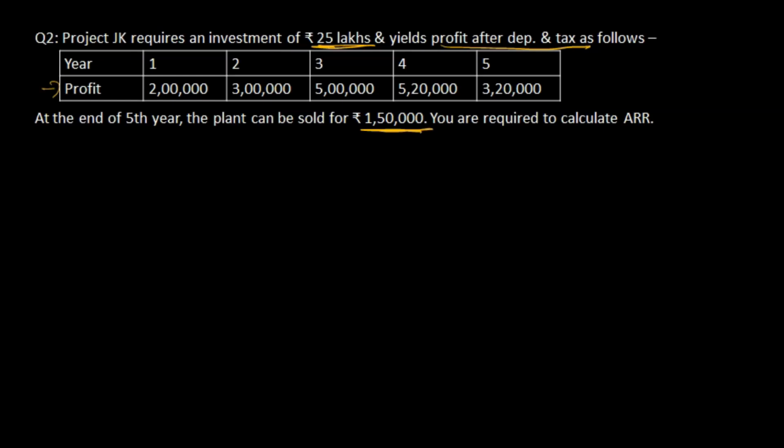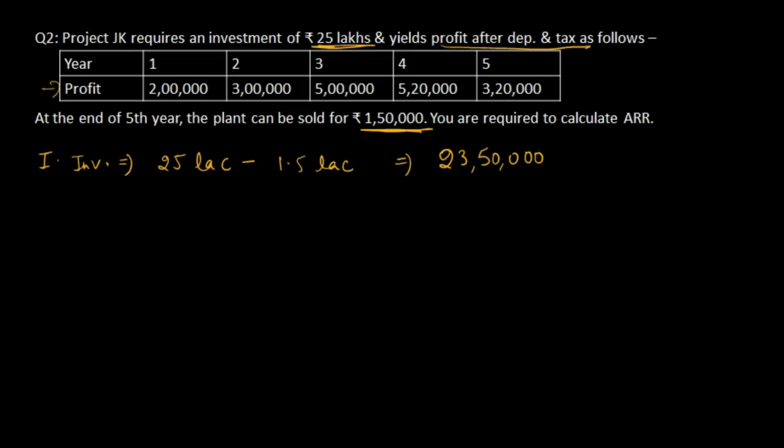If we have to note down the initial investment, that is 25 lakhs minus 1,50,000, so we will be getting 23,50,000, because in the denominator we need initial investment, and it is cost of asset minus scrap value.